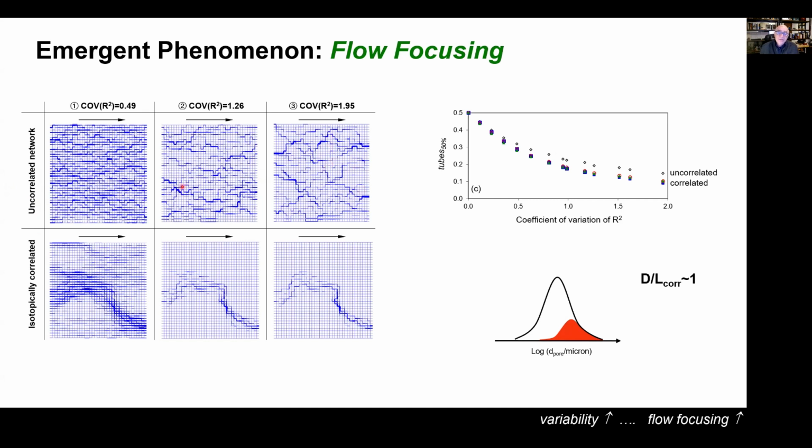Now, if we run a kernel function that creates a correlation length, even though the pore size distribution in the upper simulation is the same as the pore size distribution in the lower simulation in each of the three columns, as you can see now, the fact that there is a spatial correlation means there is higher probability that large tubes are connected to large tubes, which are connected to large tubes.